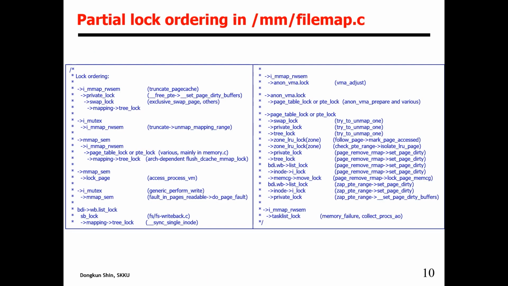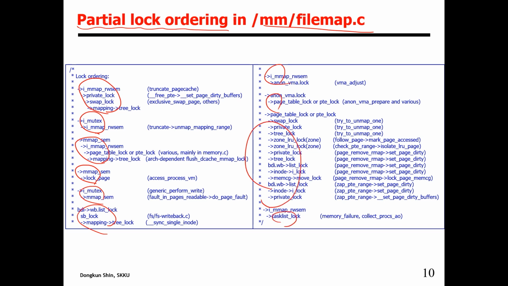So this slide shows a real example used in the memory map code in the Linux operating system. In this code, there are several partial orderings. So this ordering, and this one, and this one.